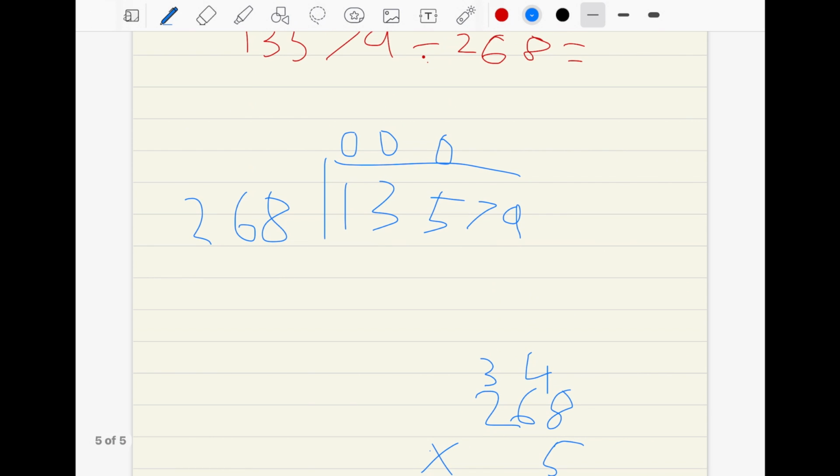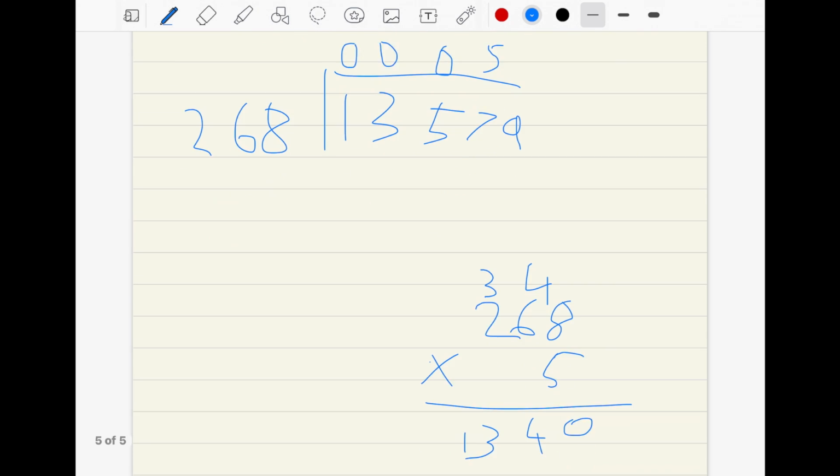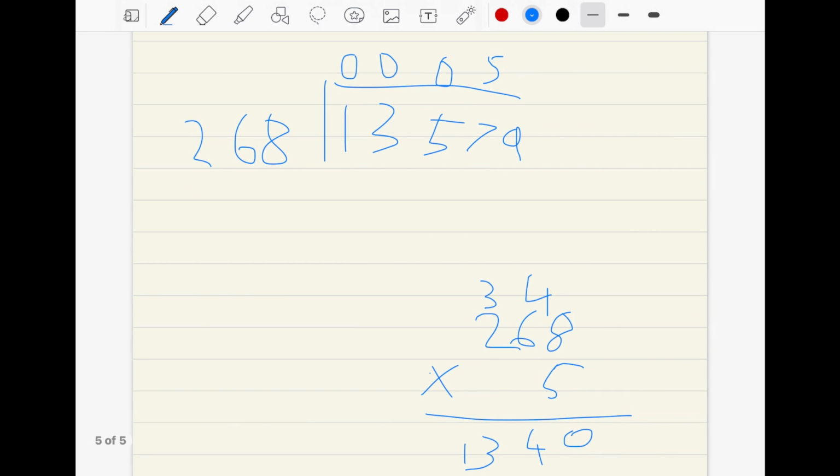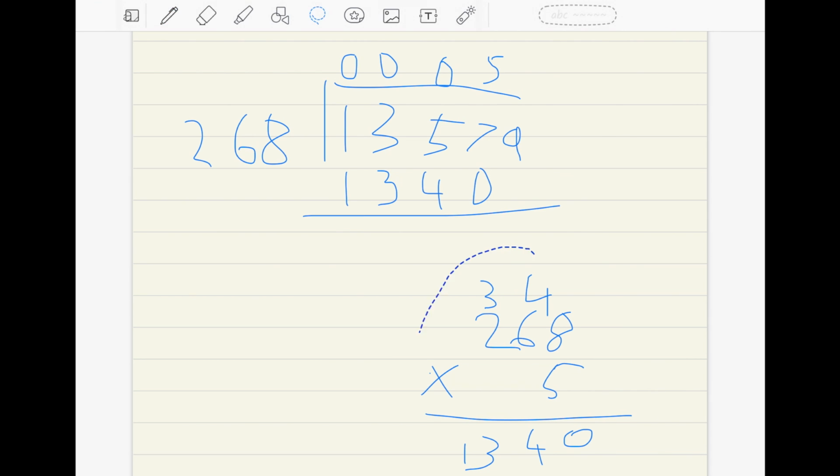Sorry. So we write the 5 above the 7, and then we write 1,340 at the bottom. I'm going to make this smaller.